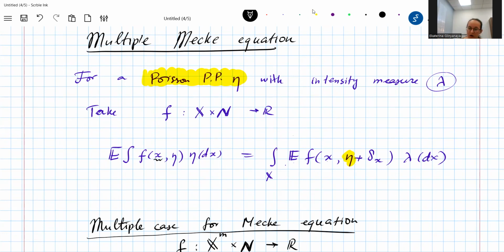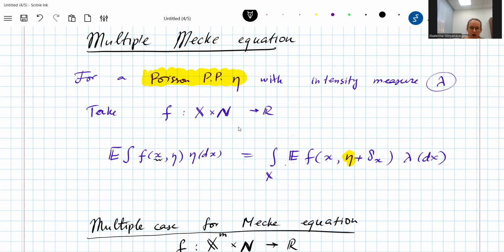If we have this equality, then we can guarantee that eta is a Poisson point process. We proved it in lecture 5, I believe. So if this is true, then eta is a Poisson point process.